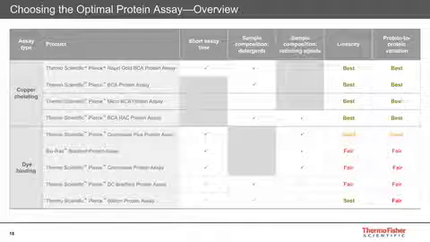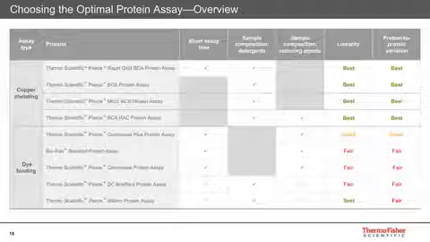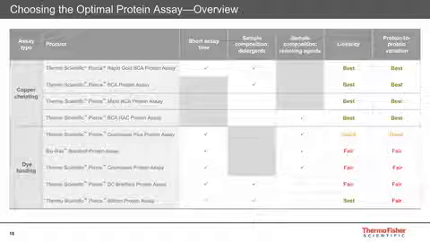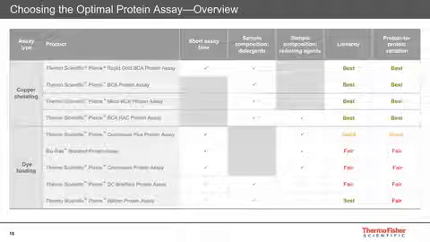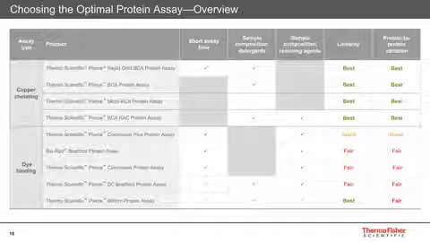Now, considering all the parameters discussed, how can we choose the best protein assay? So, the dye-based assays give the lowest time to results, that's good, compared to copper-based assays. The exception is the Rapid Gold BCA, which gives results quickly.